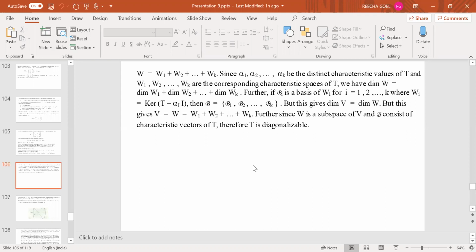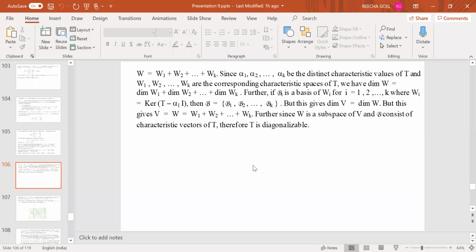Since alpha 1, alpha 2, ..., alpha k are the distinct characteristic values of T, and W1, W2, ..., Wk are the corresponding characteristic spaces of T, we have dimension W equal to dimension W1 plus dimension W2 plus ... plus dimension Wk.